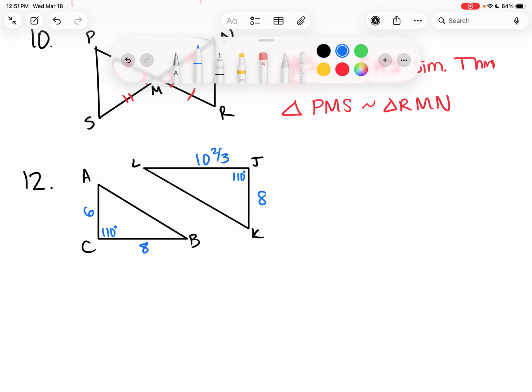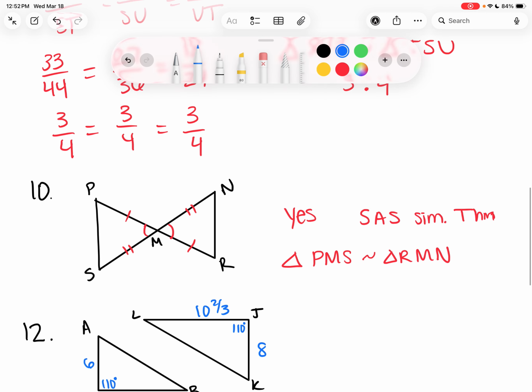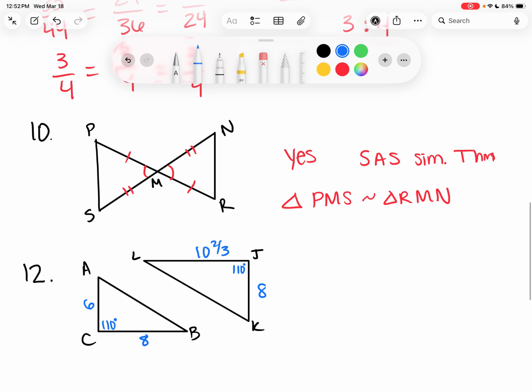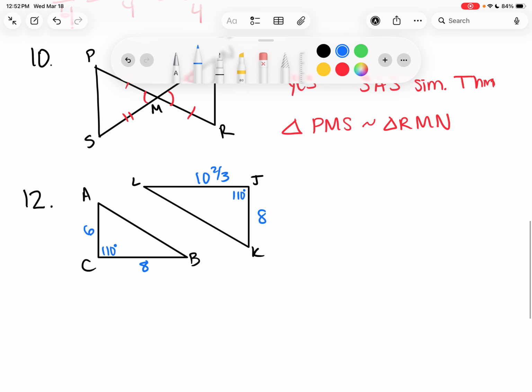I could rotate this one around, but I need to compare the side lengths. So it's still the same thing we were doing up here. I just don't have as many triangles to look at, and I'm only looking at the sides that they give me. So what two sides, what proportions would I set up to check if they're similar or not?